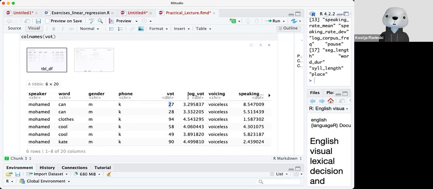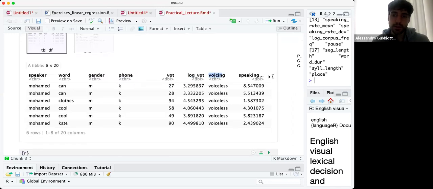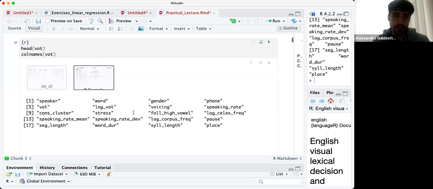Then the logarithm of the vocal onset time, and the voicing, whether it is voiceless or voiced. Then some linguistic columns, like where the stress falls, and many other things.